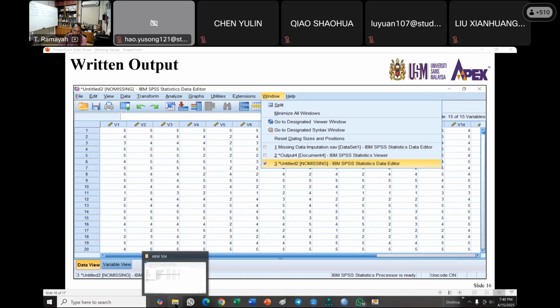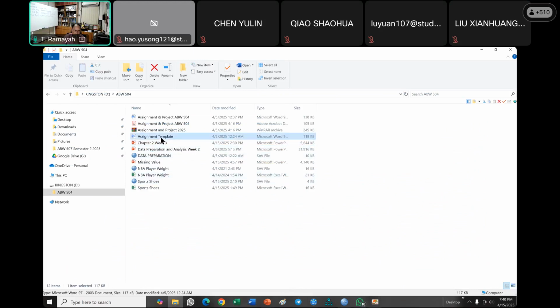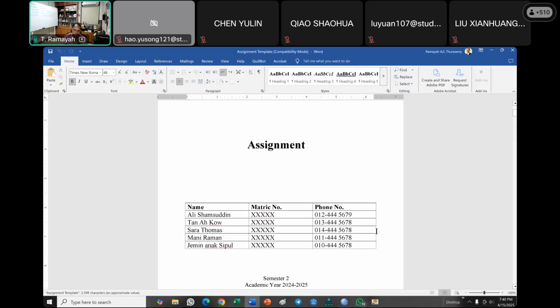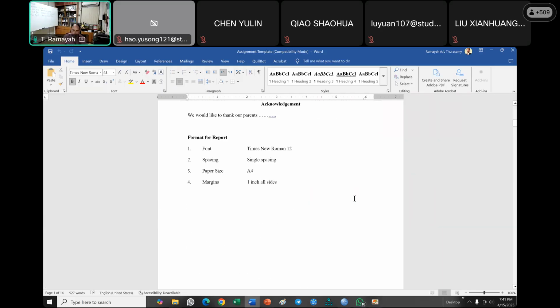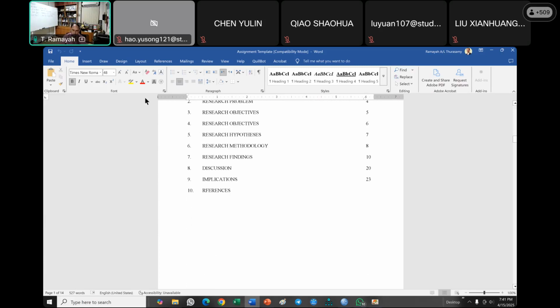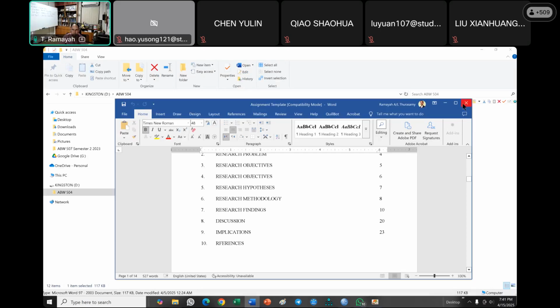Did you see the sample I already shared? Okay. The template. Can you see here? Is this individual or group? We don't have minimum or maximum for the page. You can write 100 pages also if you want to. You need to answer the question. If you see here, we already have the questions, right? For each section, you have questions.